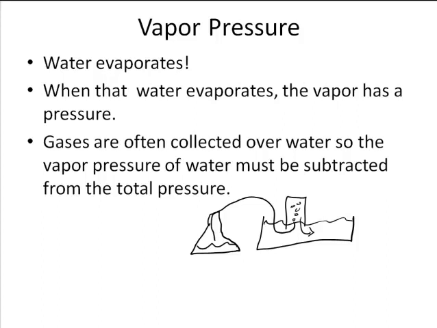Well, the important thing to remember is that water evaporates, and therefore, if it evaporates, it has a vapor pressure. Super important thing. So we could take the total pressure of this gas here, but it would be the pressure of the gas plus the water vapor.